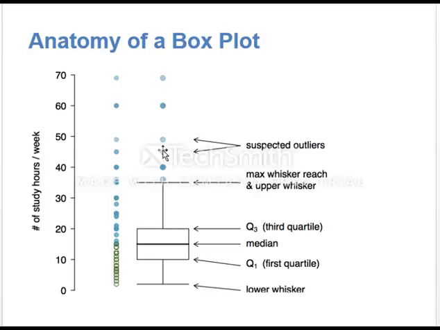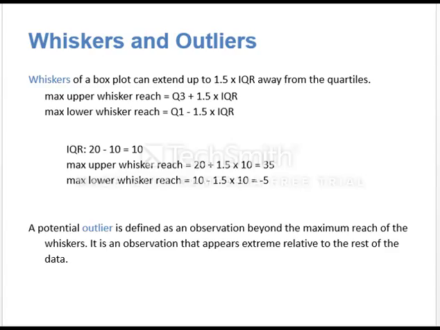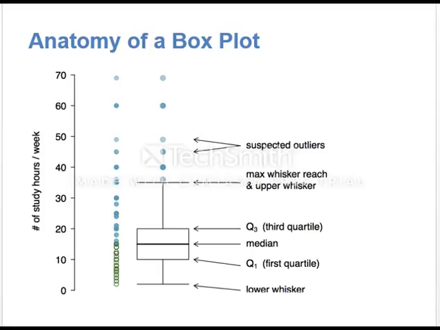So any points beyond the lower and upper whiskers are suspected outliers, and this is one way of determining when a point is likely a statistical outlier or not. I don't perceive that they're going to want you to actually compute this, so I'll go over this pretty quickly. What they really want you to understand on the exam is the interpretation: pinpointing outliers, pinpointing where the middle 50% of the data is, and where the median is.